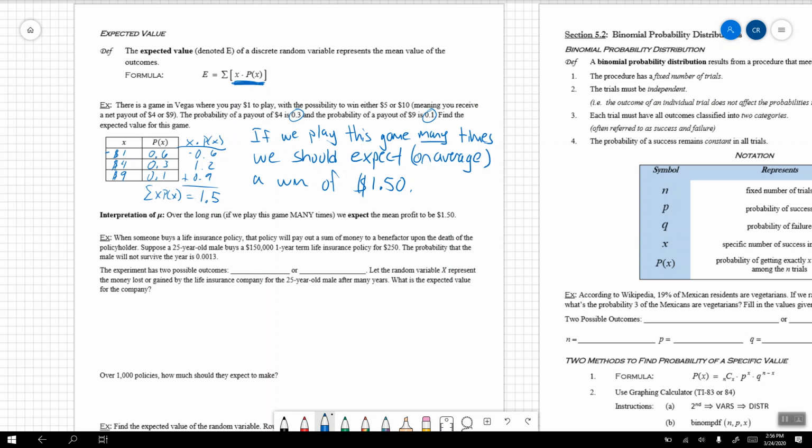Now, this doesn't guarantee that we win, and again, it doesn't mean that we will get it. It just means that if we play this long enough, we will be netting some positive income.